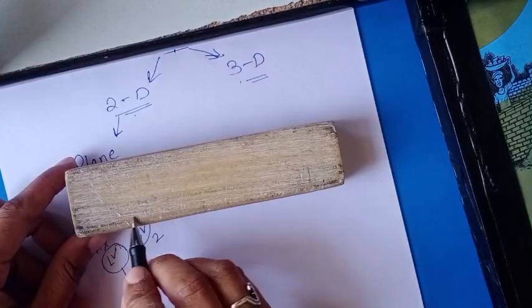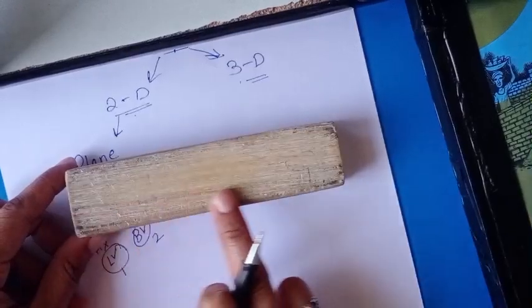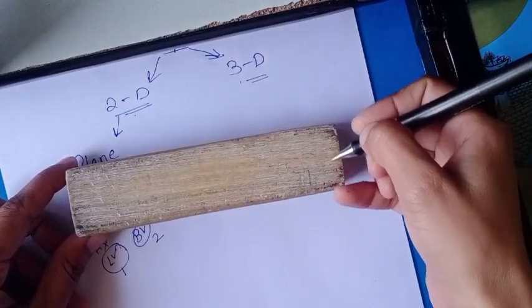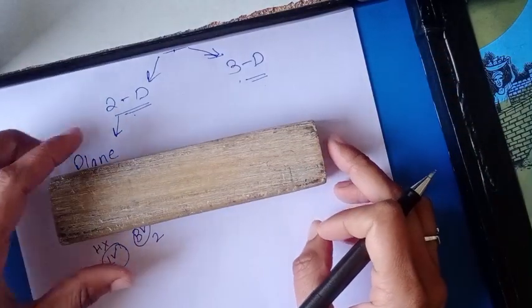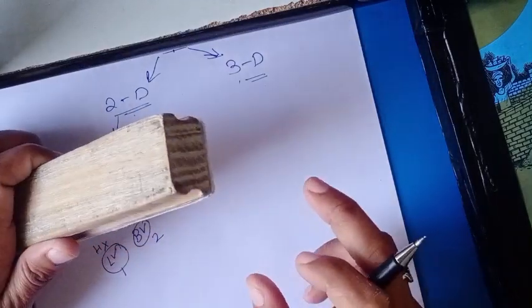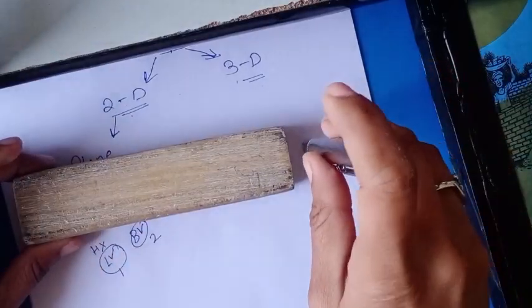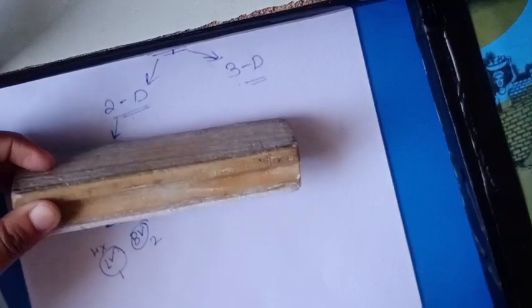How can we check the shape of the upper top surface of this duster? Because we will look at this edge of the duster. This is the length, and what is this? This is the breadth of this duster. Now we also have one more thing in this figure. Suppose this is the height of this duster.